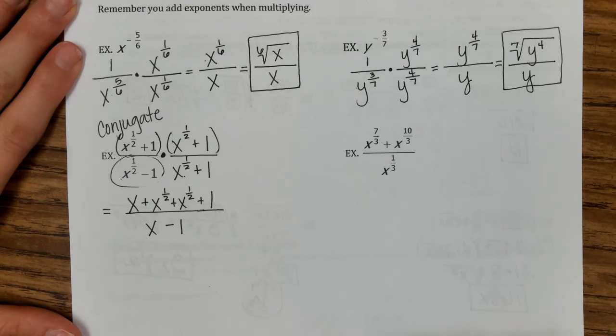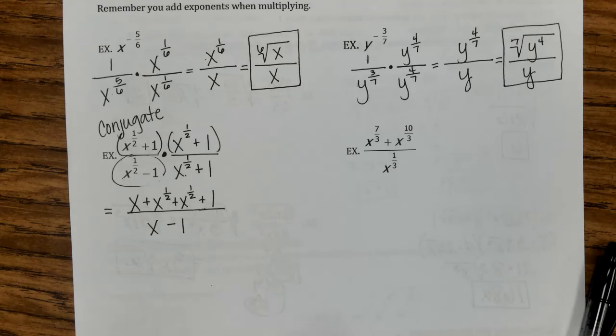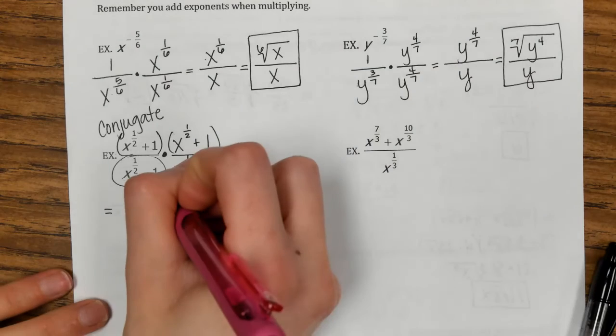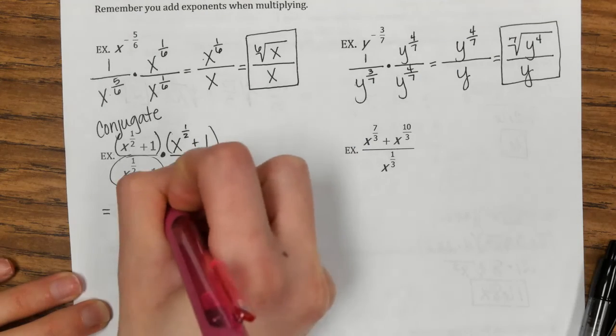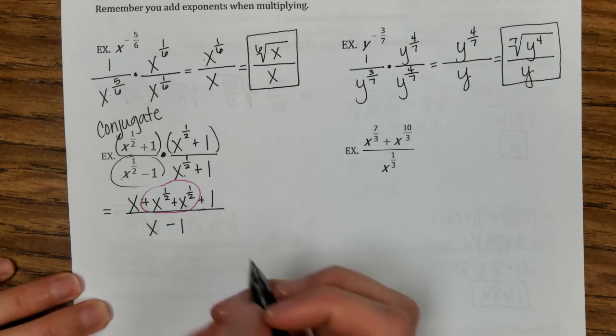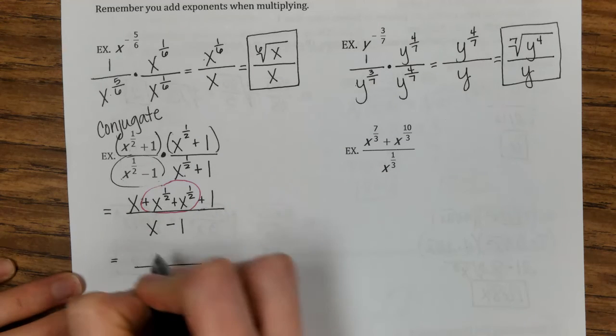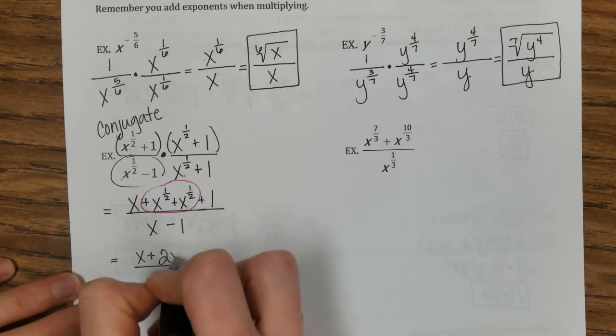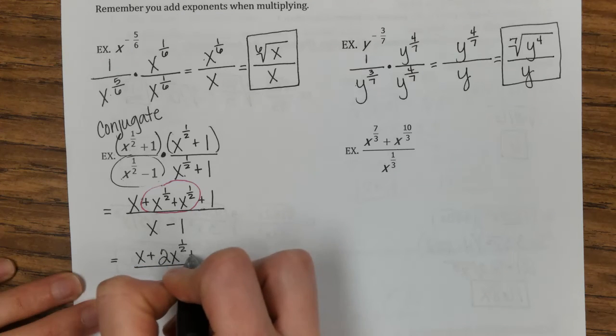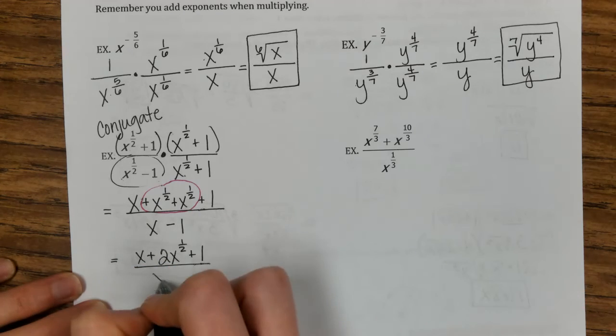Okay? Now, in my numerator, I can clean up those two middle terms. So that leaves me with x plus 2x to the 1/2 plus 1 over x minus 1.